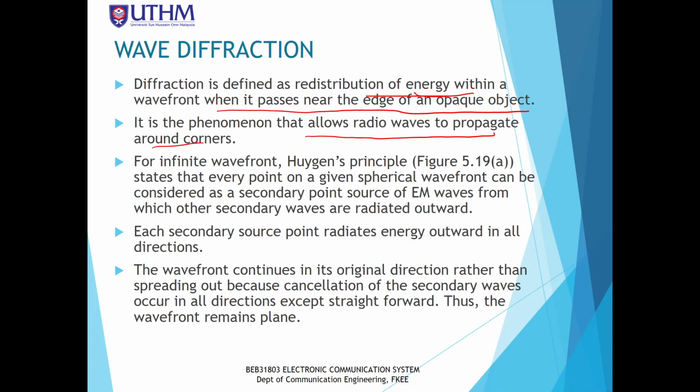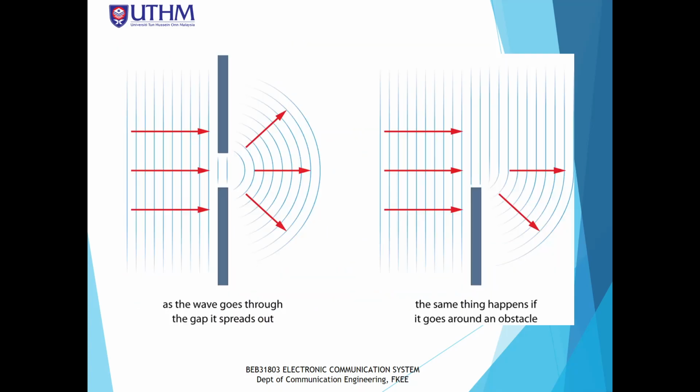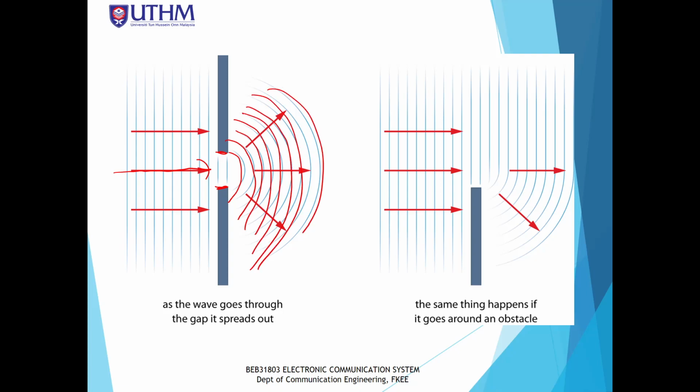So you see that here, when the wave travels in this direction, we have the opaque object, we have a hollow over here, and what happens is that the energy will be redistributed to be like this. The wave energy will be redistributed.